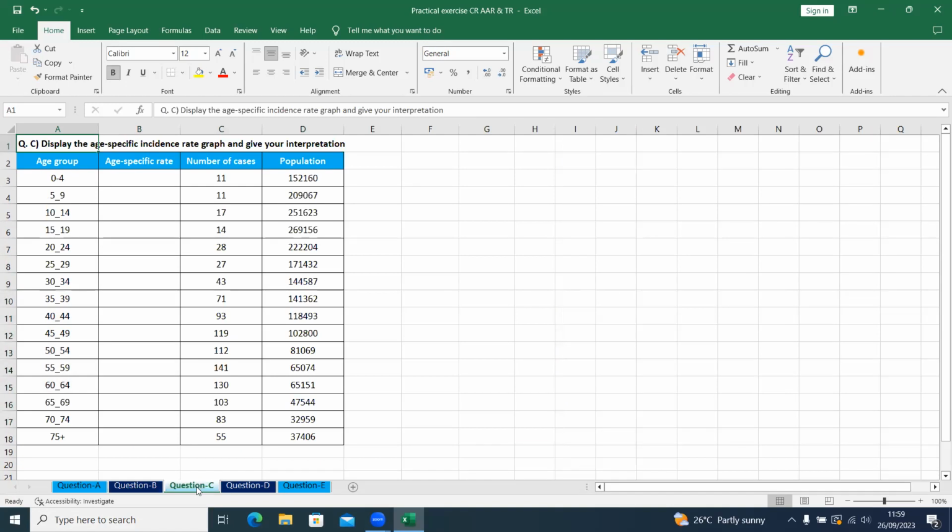Now here, we have to display the age specific rate graph, and we have to interpret that graph. So to plot an age specific rate graph, first we need age specific rate. Now calculate the age specific rate here. I just calculated the age specific rate for the age group 0 to 4.